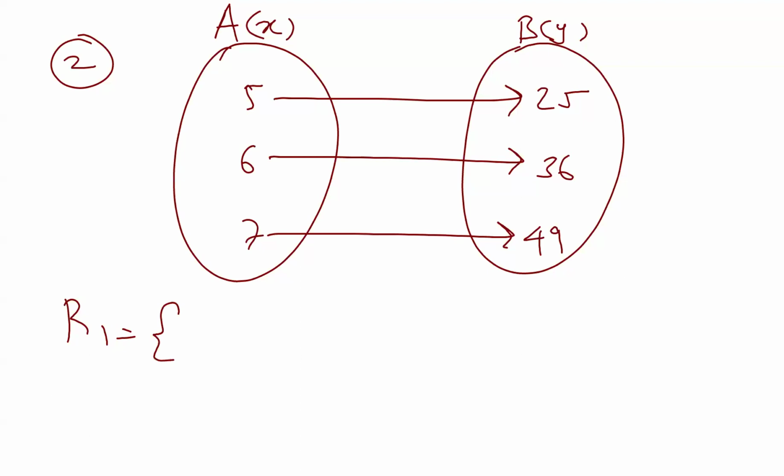It has ordered pairs X comma Y such that, okay. Now see, 5 has a relation with 25, 6 has a relation with 36, 7 has a relation with 49.